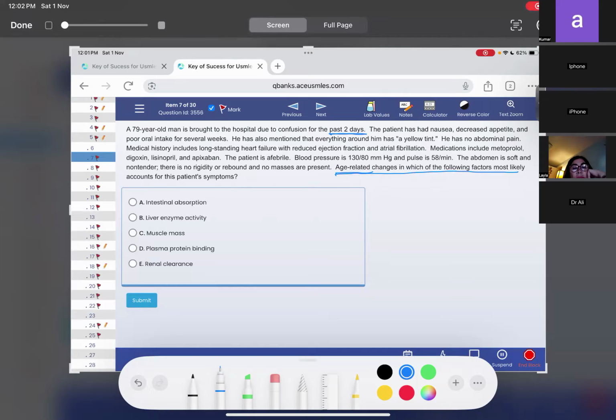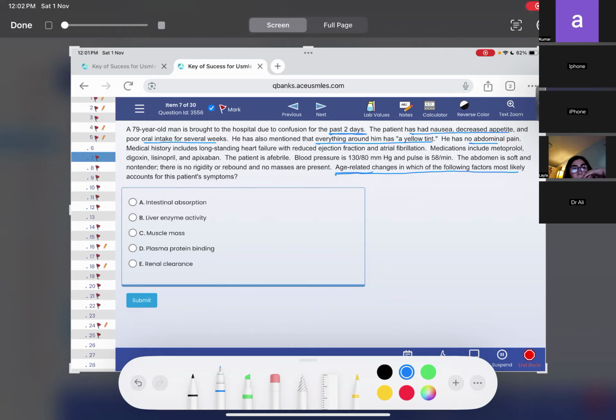Medical history includes long-standing heart failure with reduced ejection fraction and atrial fibrillation. Medications include metoprolol, digoxin, lisinopril, and apixaban. The patient is afebrile, blood pressure is 130/80, pulse is 58 per minute, and the abdomen is soft and non-tender. There is no rigidity or rebound, and no masses are present.